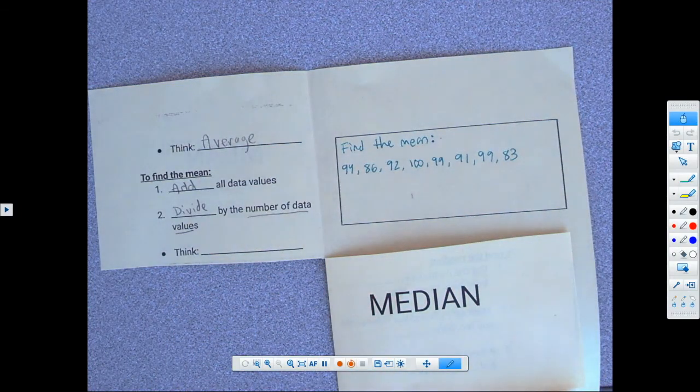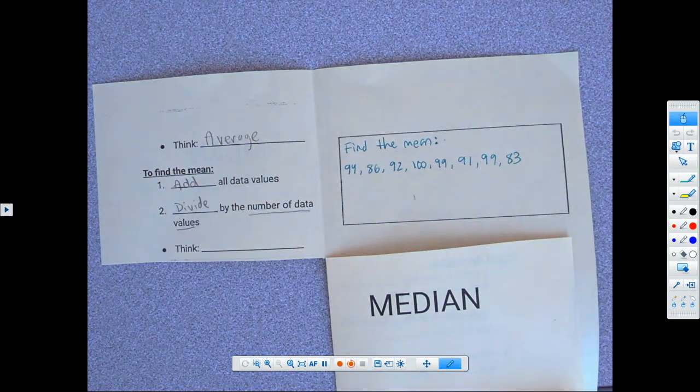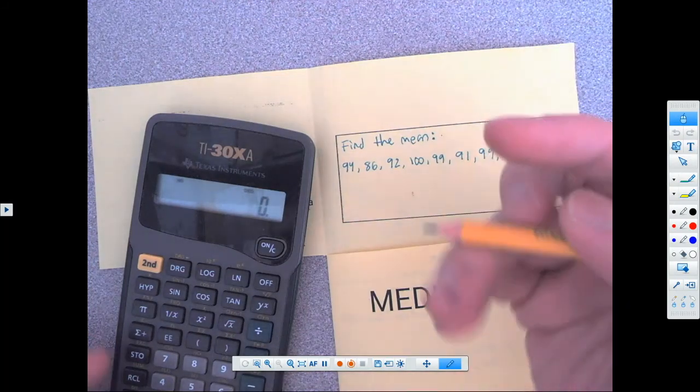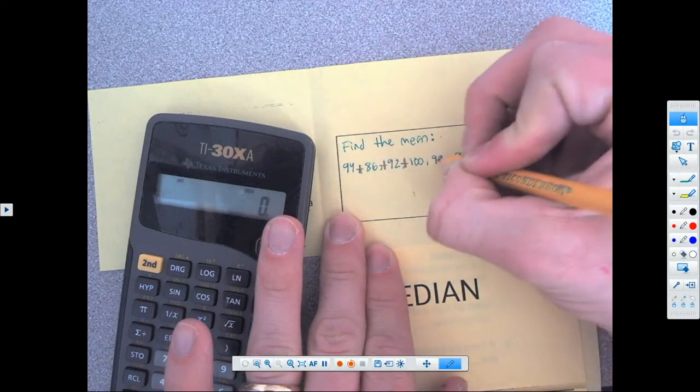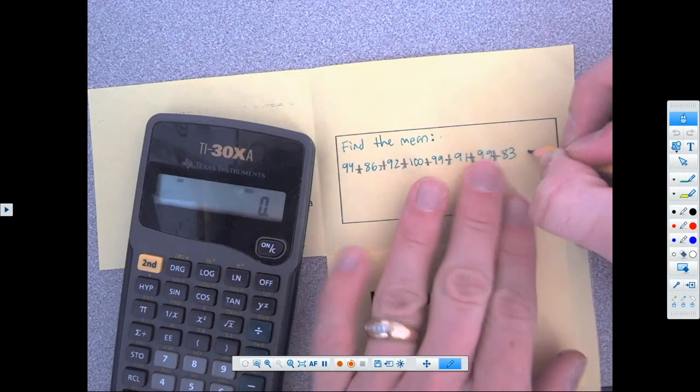For the sake of this example, I'm going to grab a calculator. So first, because I want to add all the data values, I literally go through here and add them all up, right? I can even use a calculator. So what I'm going to do with my pencil, with a separate color, is remind myself that I'm adding these numbers together.